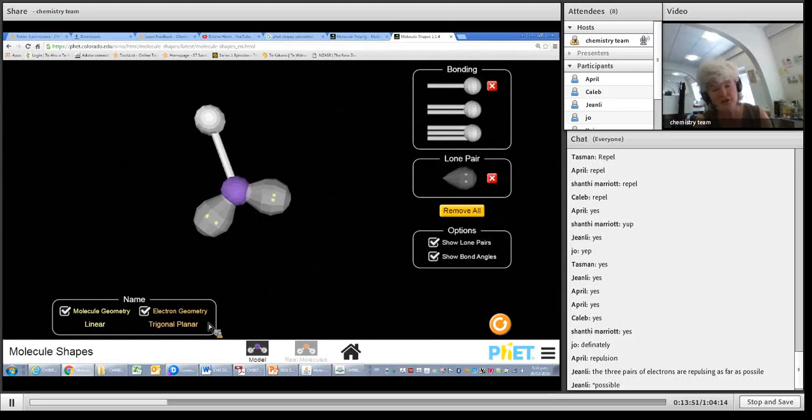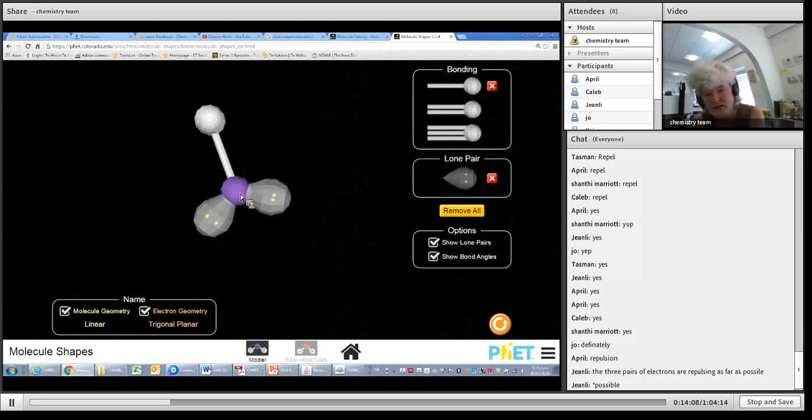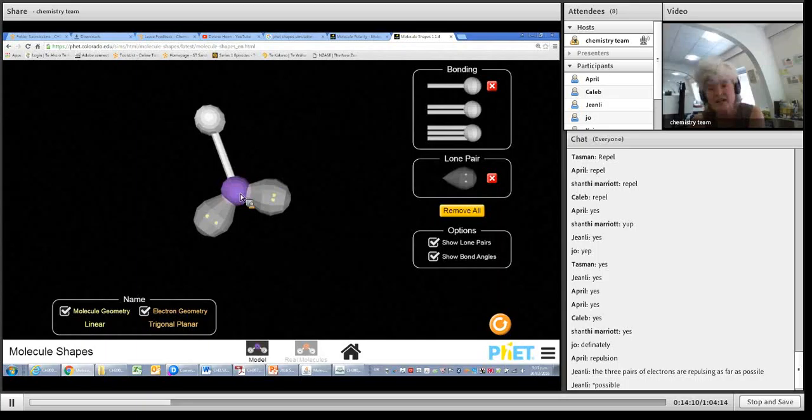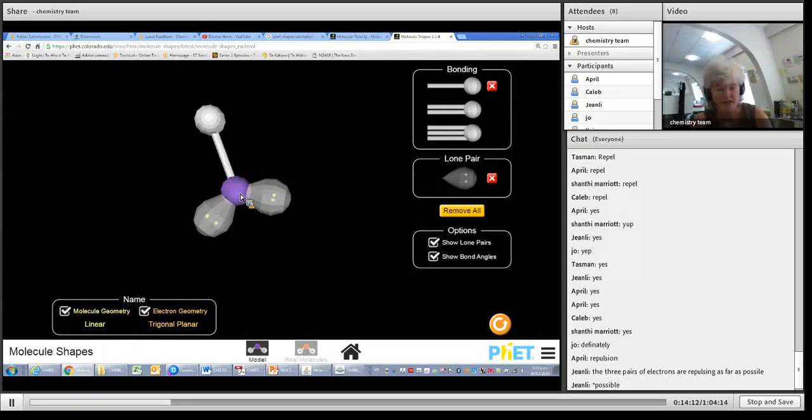That'll give you the electron geometry, and then from the electron geometry you can say the molecular geometry, because you can say of those 3 areas of negative charge, 2 are non-bonding pairs and 1's a bonding pair, so it'll be a linear molecule. Okay, yes, and so Johnny and April, that's all correct.